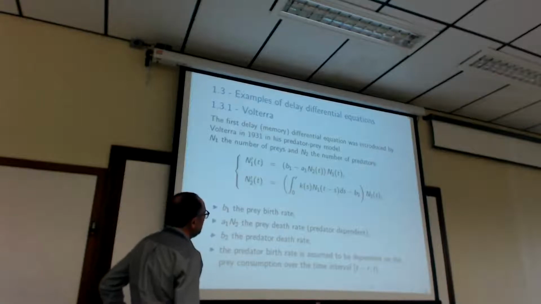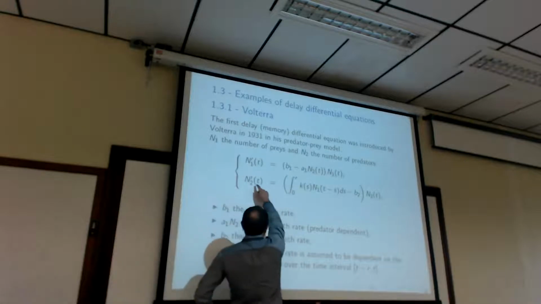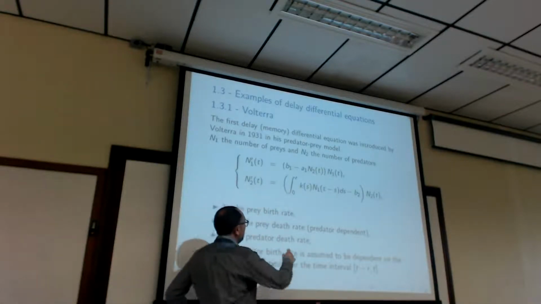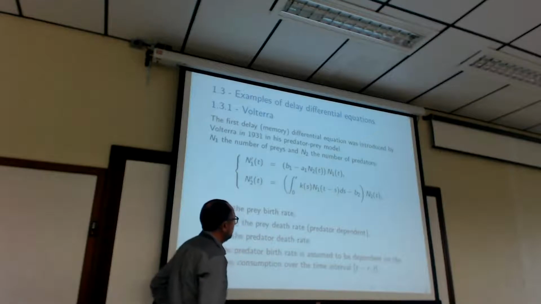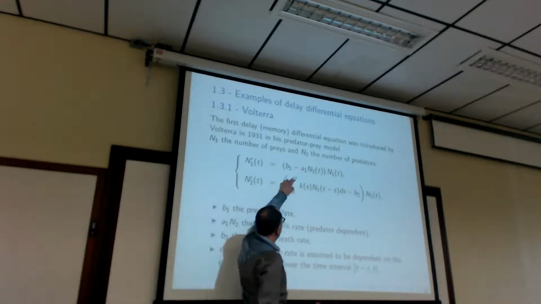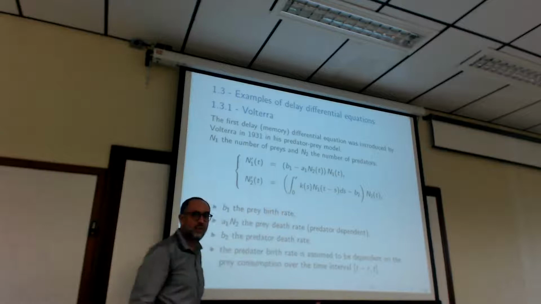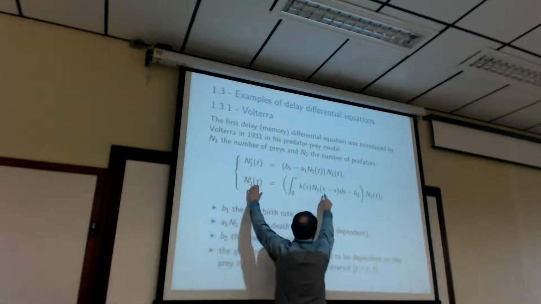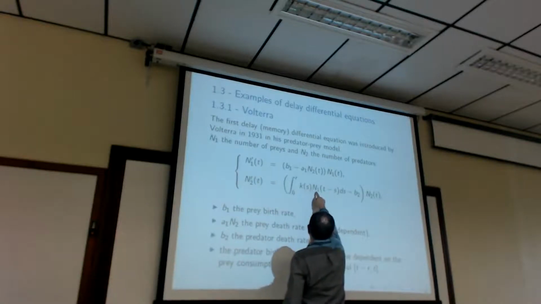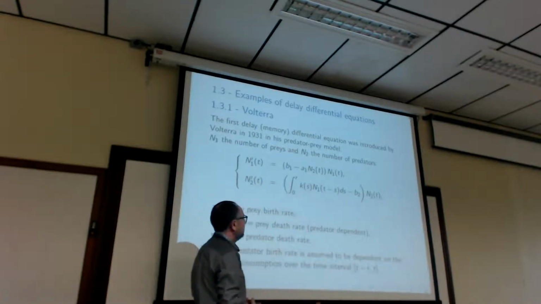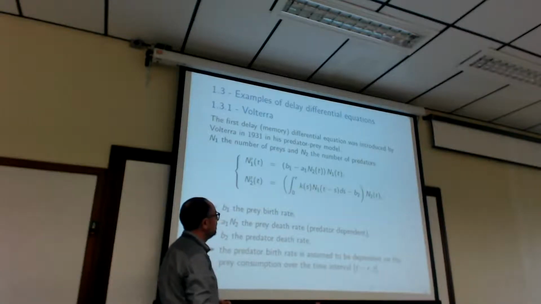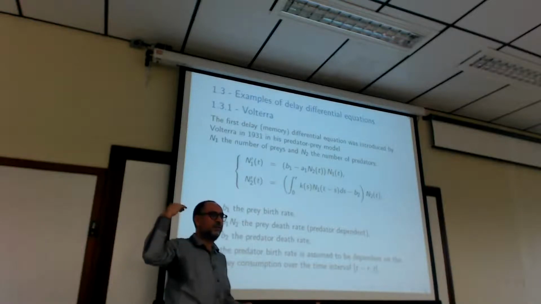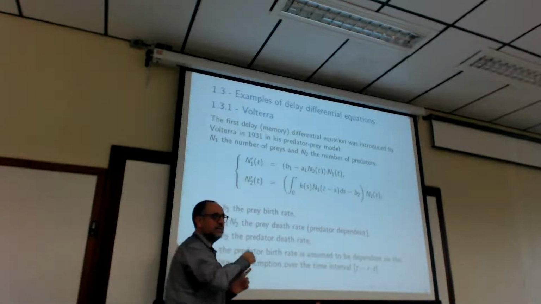But for the predator, the birth rate depends on the population of prey on an interval of length equal to r. If you take t equals 0, that means the evolution of the population of predator depends on the consumption of the population of prey on all the interval between minus r and 0.